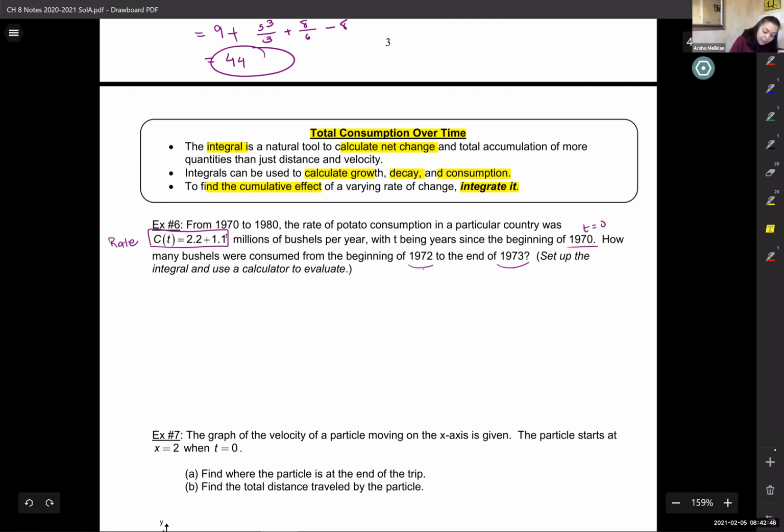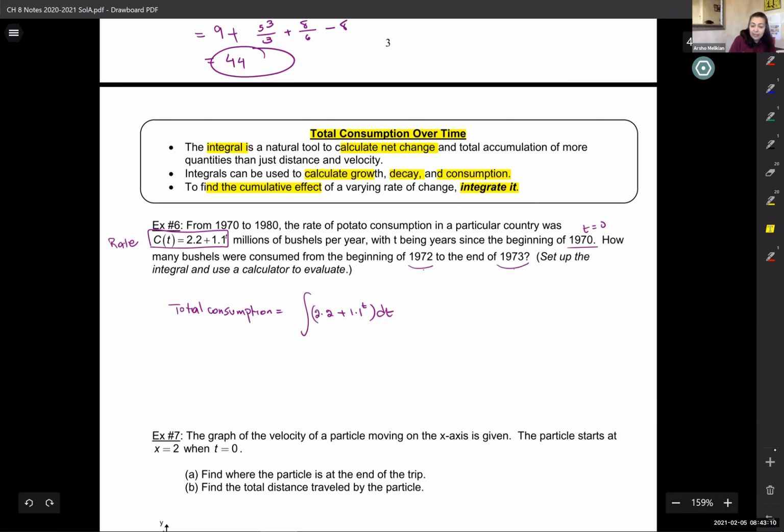So if 1970 is t equals 0, then the total consumption is the integral of c of t, which is this. But now the time from 1972 to the end of 1973, that's a total of 2 years.